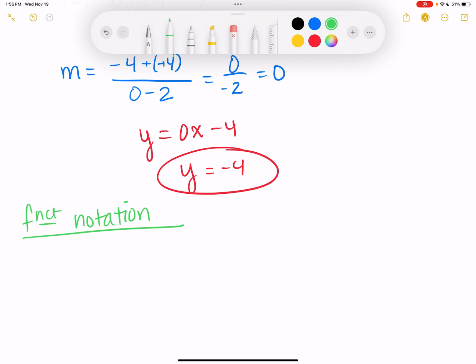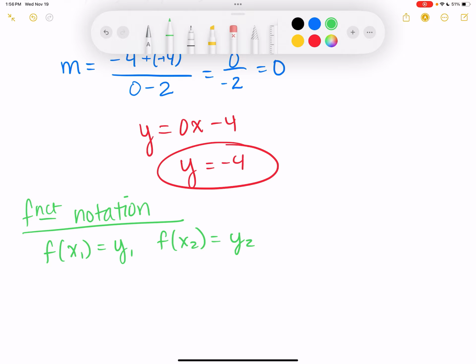So it's going to essentially look like this. f of x1 is equal to y1 and f of x2 is equal to y2. Now, I write it this way because we're going to use this x and y to get our coordinates. So I'm going to have x1, y1, and x2, y2. So the only difference with these problems compared to the previous ones is you're going to have to write the coordinates rather than them just giving them to you.